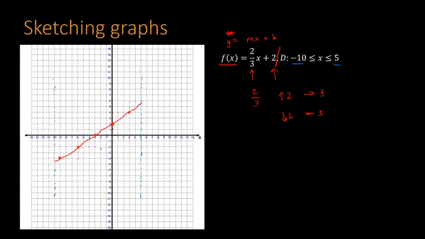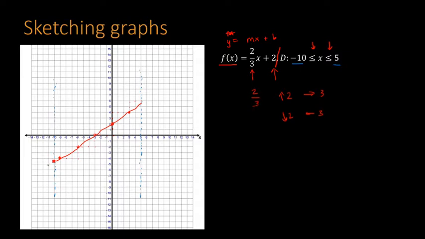To finish the graph of this function, I'm going to look at my inequalities and determine whether the inequalities include the value on the dashed line or not. So since x is greater than or equal to -10, I'm going to plot a closed point at x is -10, because x is allowed to be that value.